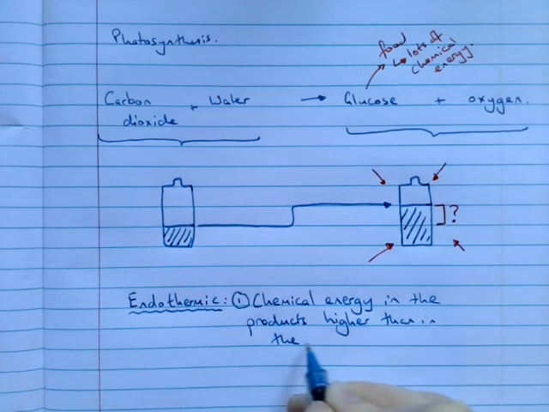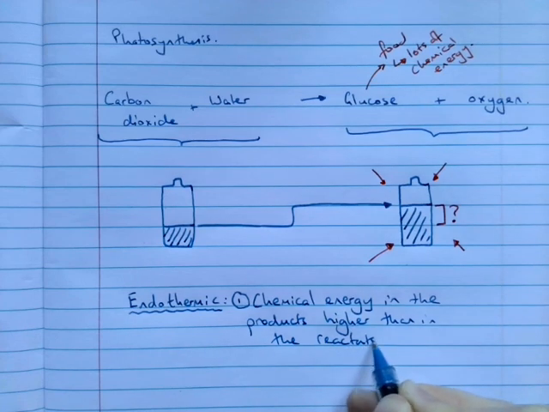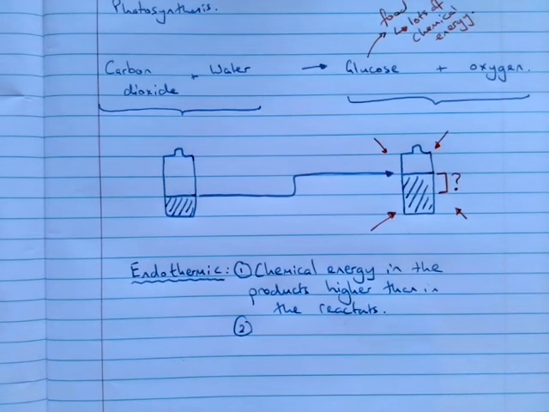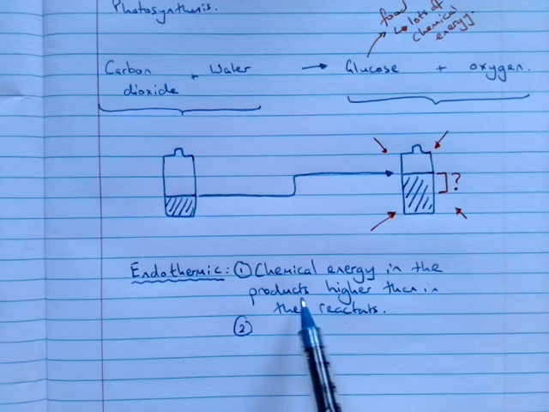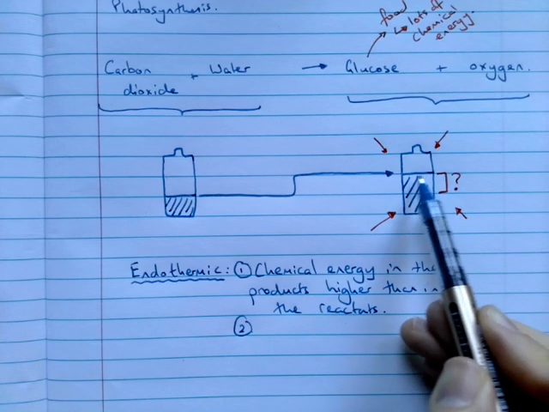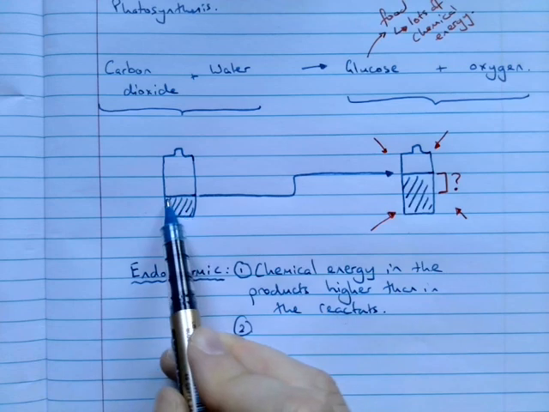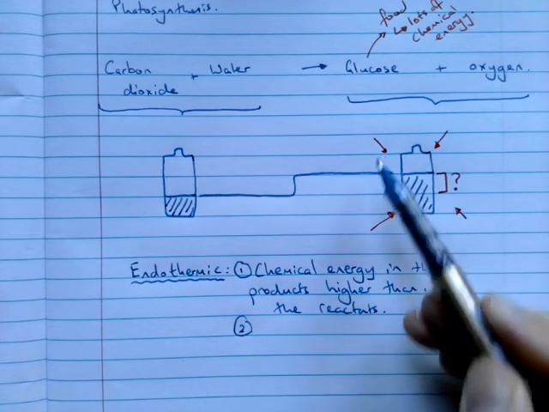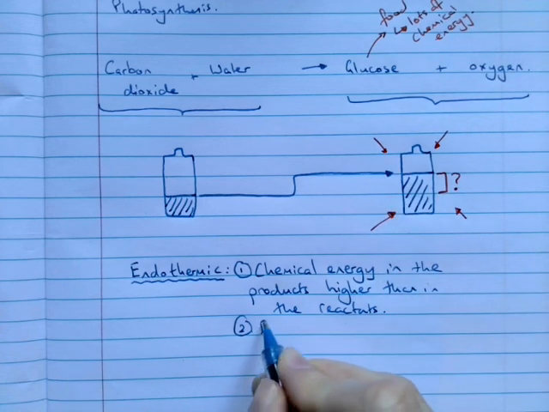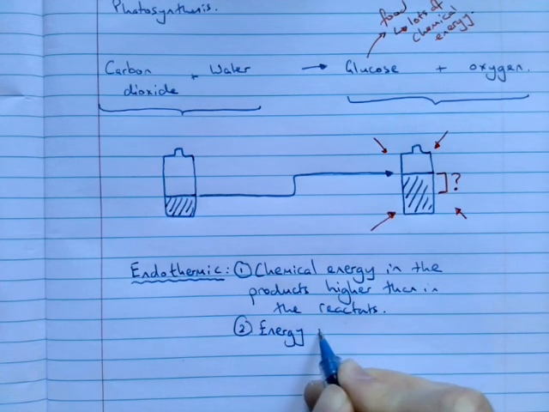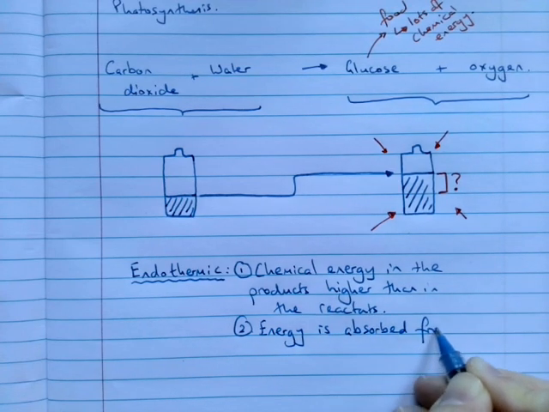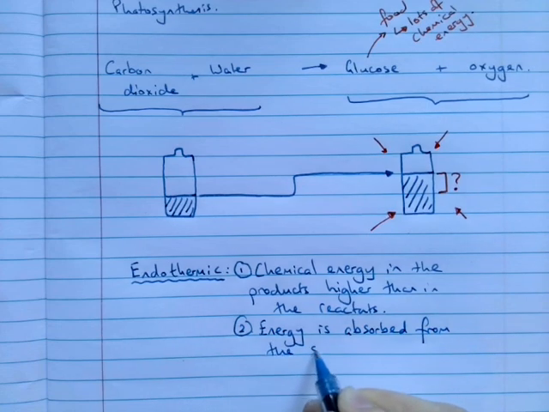And number two, we can see that in order for the energy to be higher in the products than it is in the reactants, that energy must have come from somewhere, and it is absorbed from the surroundings. So energy is absorbed from the surroundings.